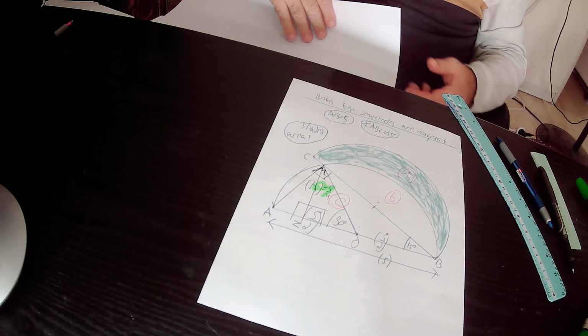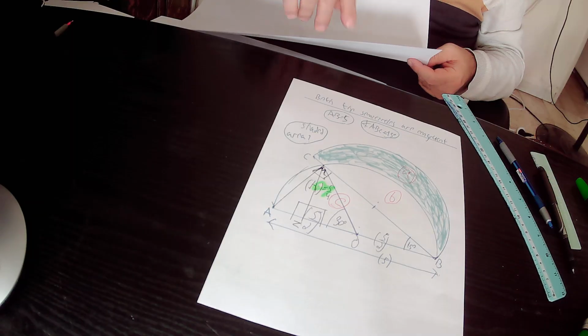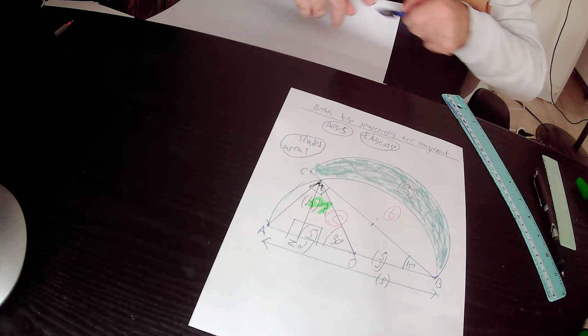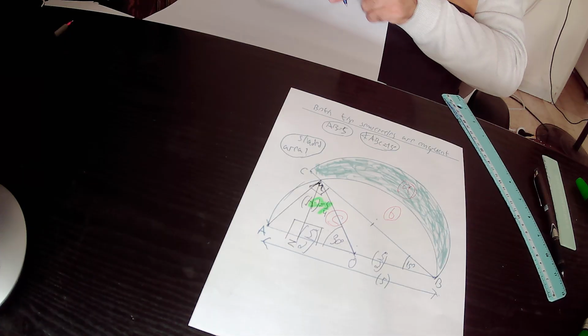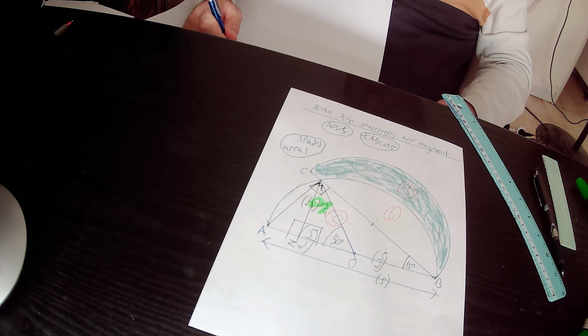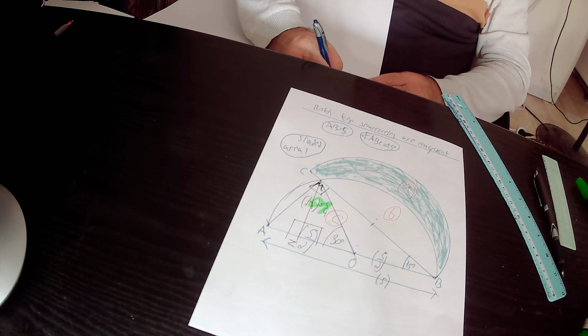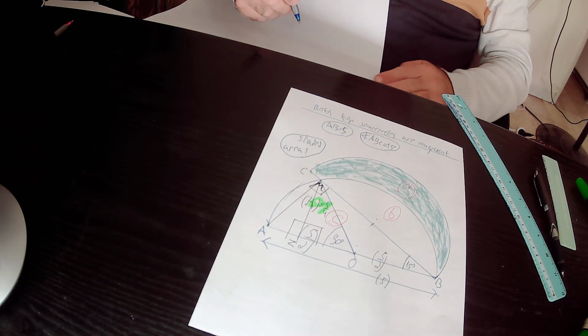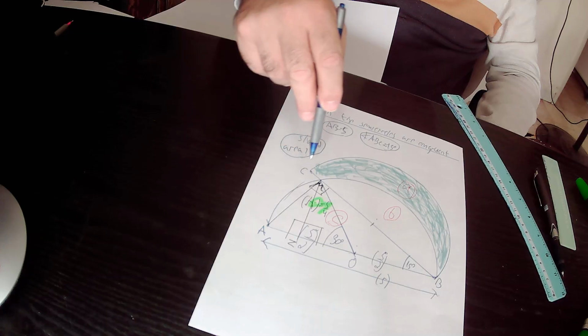So write it down. The size of the shaded area in total, this is the shaded region, is equal to the size of this shape AMB.